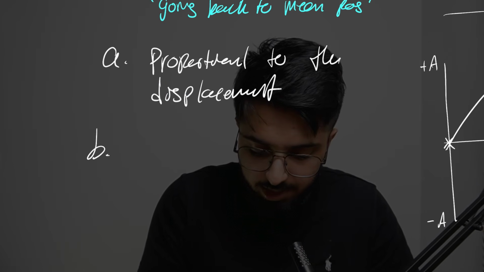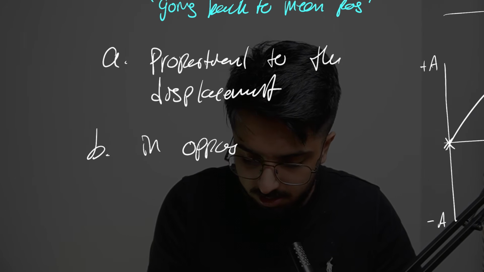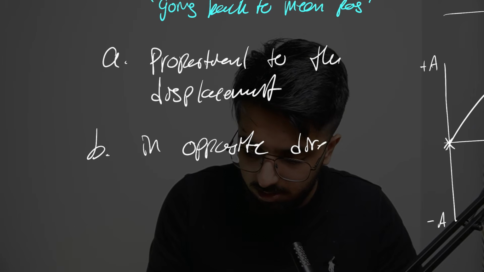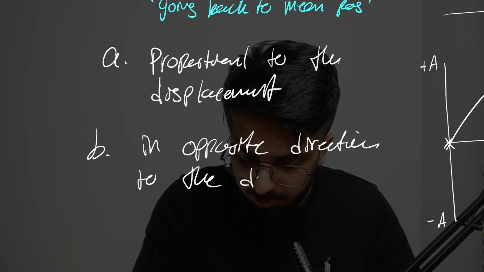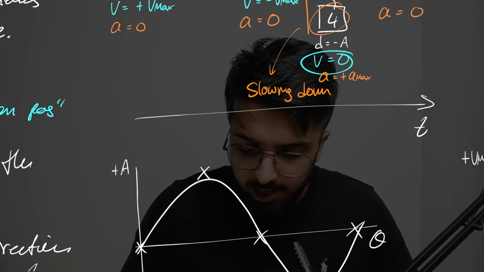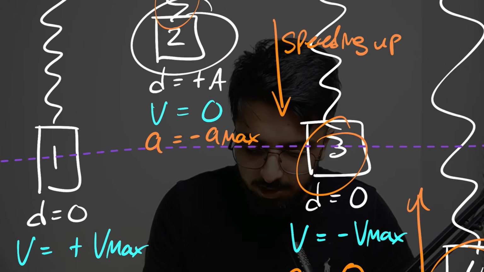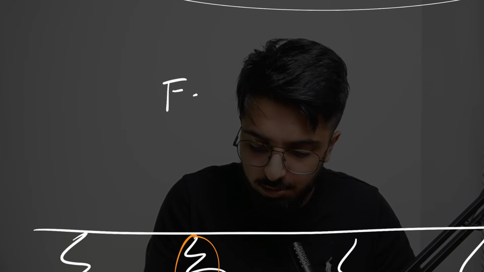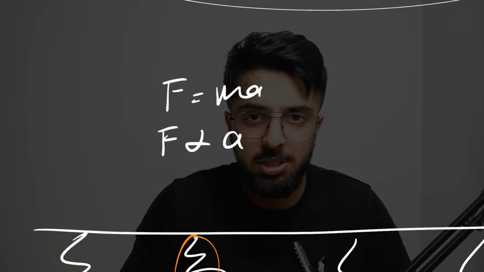And B, it also has to be in opposite direction to the displacement. Okay? Now, we can simply see that through our acceleration, right? Because as we know, F is equal to ma, and therefore our F is directly proportional to our acceleration.